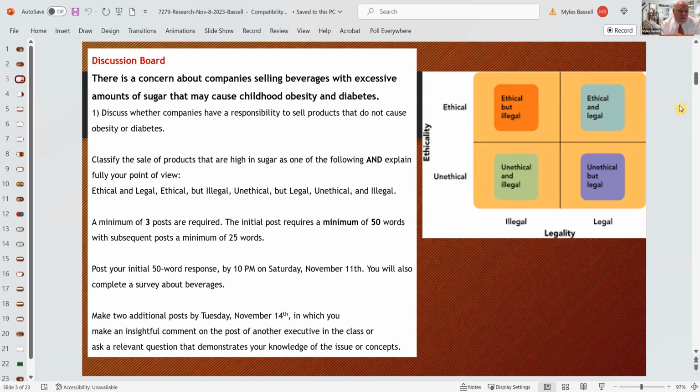So the link is there. You could start at any time. It's available in Module B in the Lesson C folder. So when you go into our Blackboard, on the left-hand side in the blue panel, you'll see Module 2, and you'll see a folder for Lesson C and a folder for Lesson D.